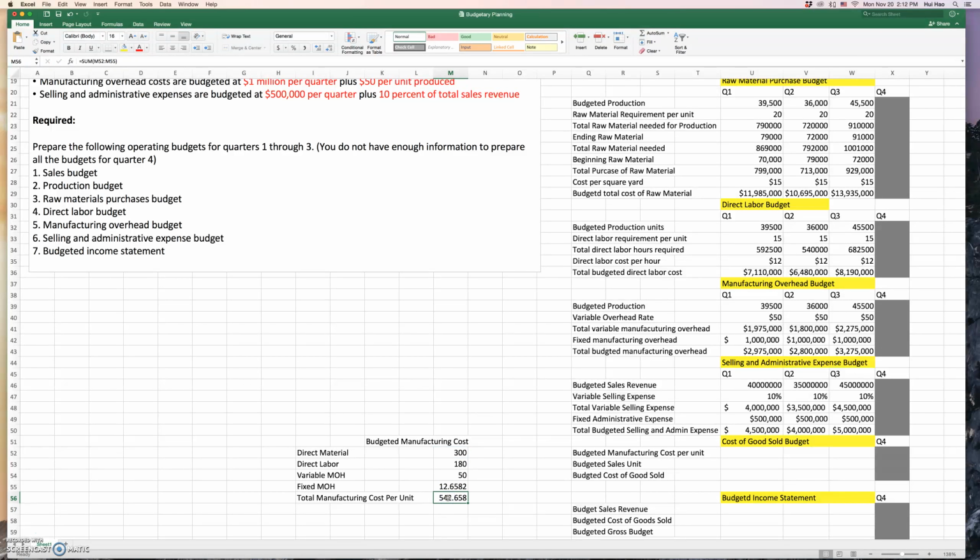So to produce one parachute, it costs us $542.66, so we can round this to $543, to produce a single parachute.